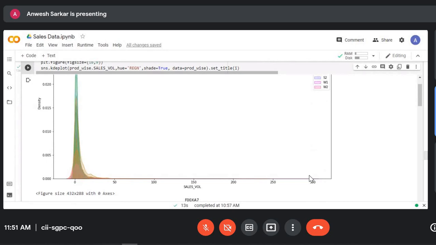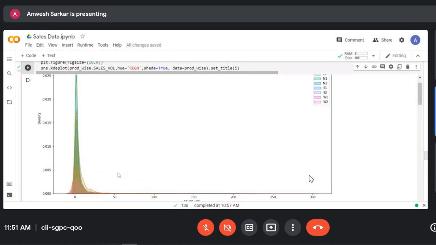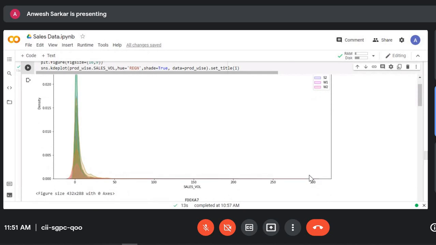In that case, shall I take the X range for this plot from 0? No, not necessary. For that matter, if you are fitting a normal distribution with a mean of something, there will be a small probability that things will be less than 0. Normal density is defined on minus infinity to plus infinity.